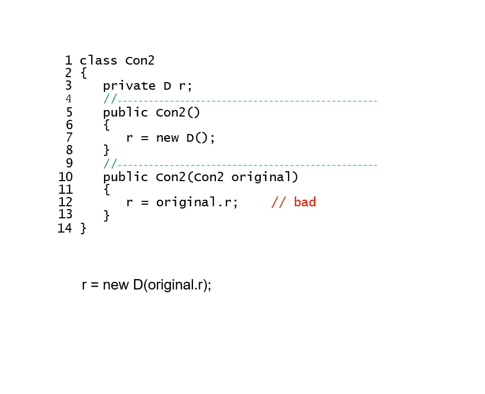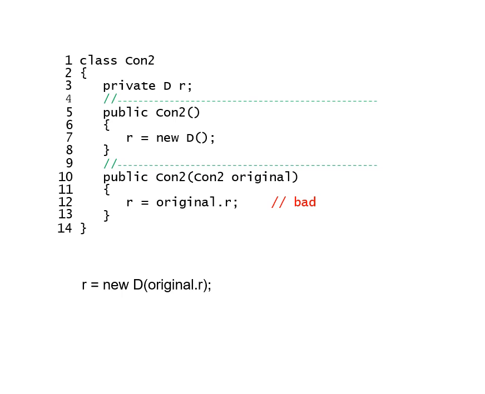So what you have to do is pass to D the constructor. On line 12, you have to create a new D object, and you have to call the copy constructor in the D object, assuming it has one. All right, you have to call the copy constructor.